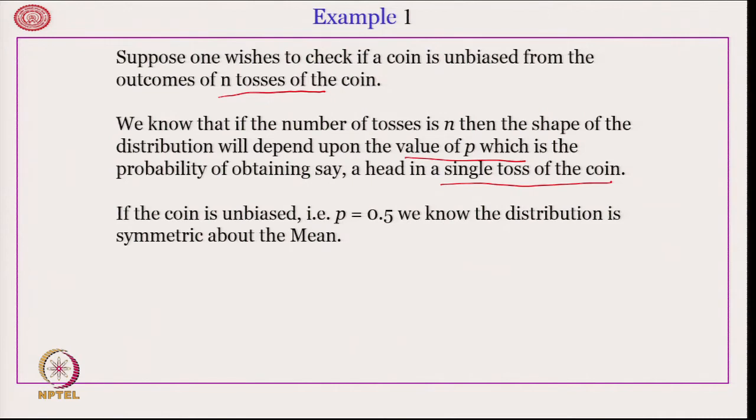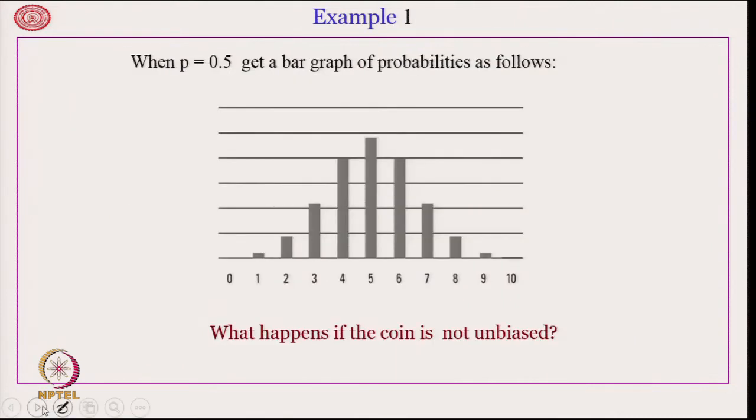If the coin is unbiased, that is p is equal to 0.5, the distribution is symmetric about the mean. For illustration, let us look at the graph that we have plotted. Here n is equal to 10, p is equal to 0.5, and therefore the mean is 5, and we can see that the distribution is symmetrical in the range 0 to 10 for the binomial 10, 0.5 variable.